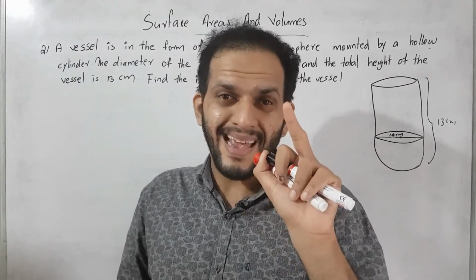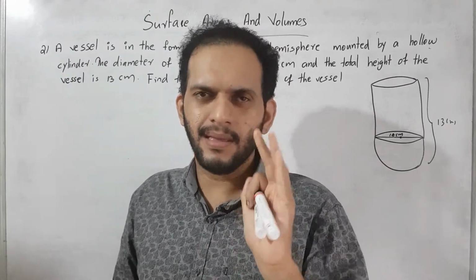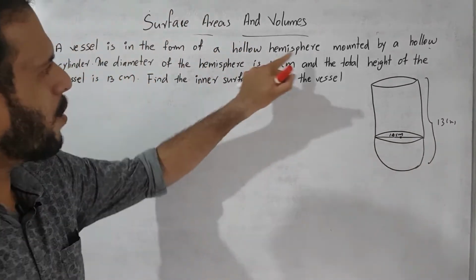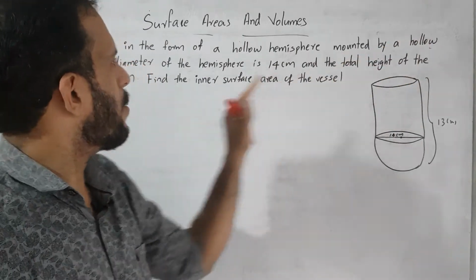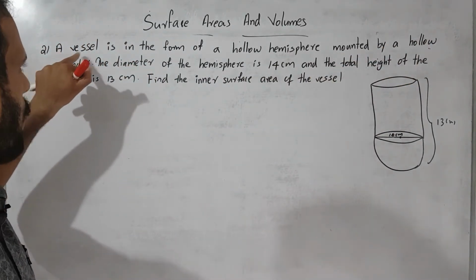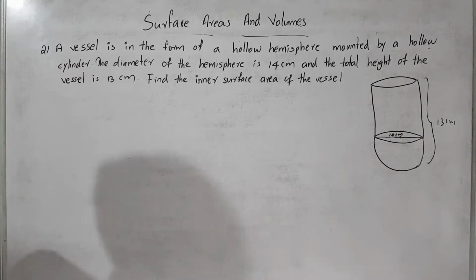What are they? A hemisphere and a cylinder. It is clearly given: a hollow hemisphere mounted by a hollow cylinder. That is how we form a vessel here.